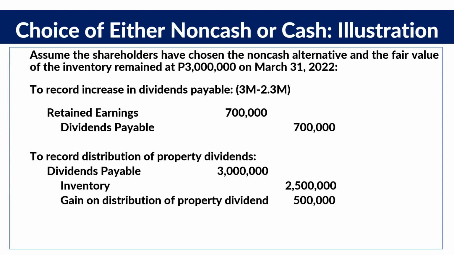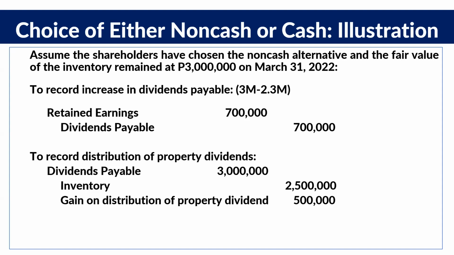That means it should be 3 million. But what we recognized is only 2.3 million. Therefore, we are short by 700,000. So we increase our dividends payable by debiting retained earnings, crediting dividends payable at 700,000.